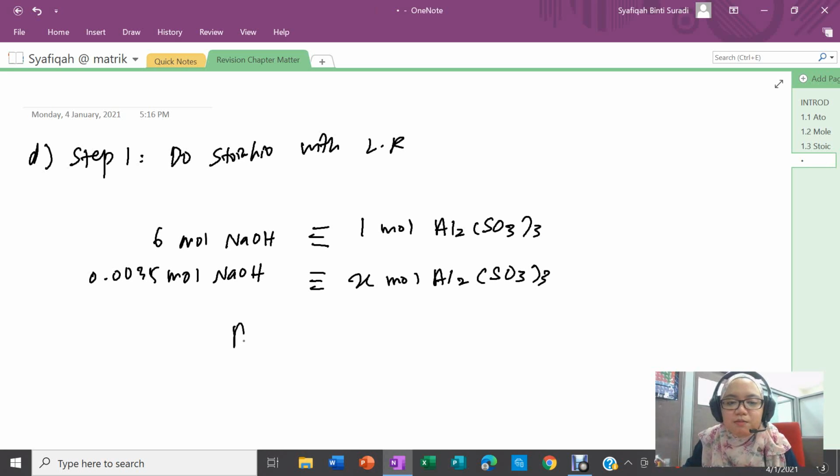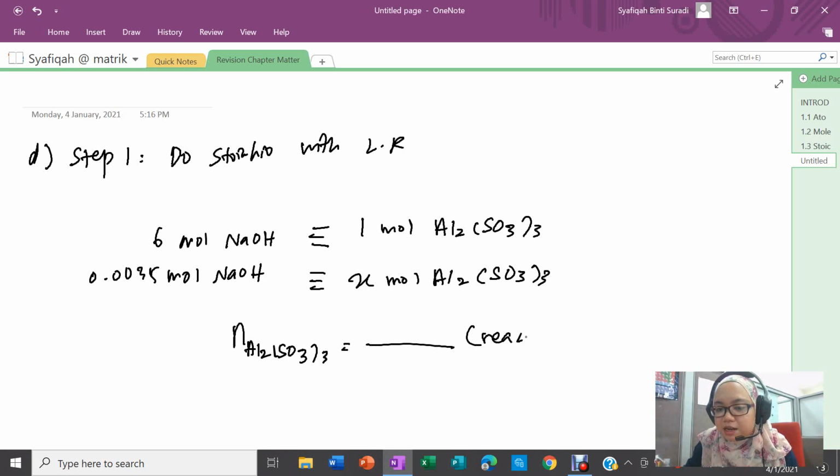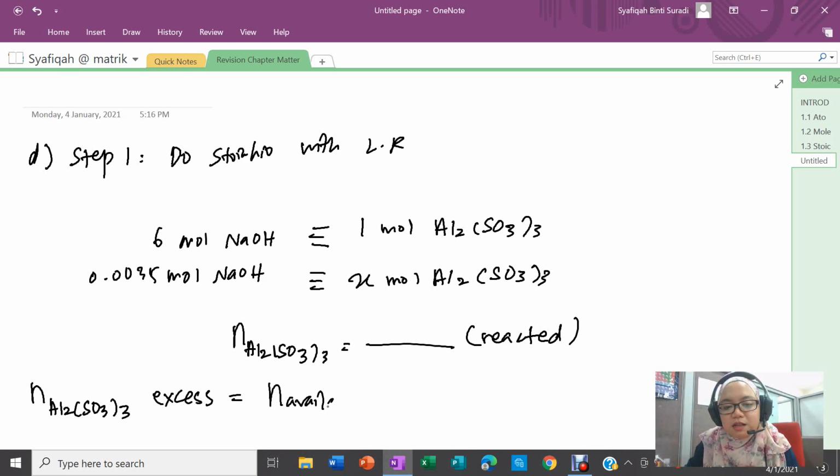So, you akan dapat mole of Al2SO3. Ini adalah mole yang awak akan dapat tu adalah mole yang reacted. Dah dapat yang reacted tadi, nak cari mole of Al2SO3 excess, apa yang awak kena buat? So, mole available tolak dengan mole reacted.